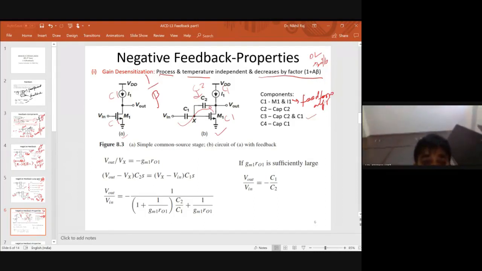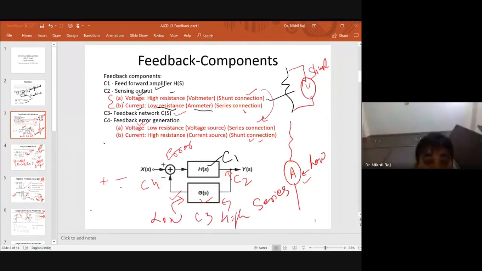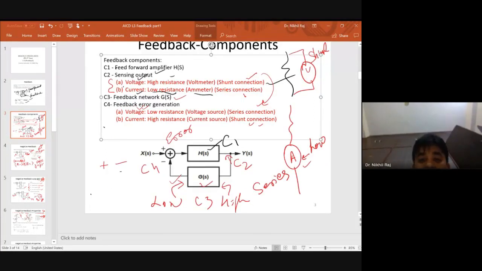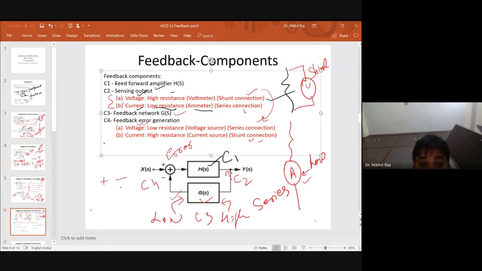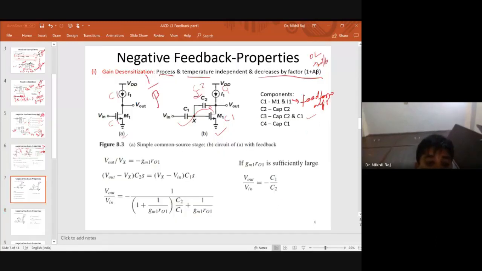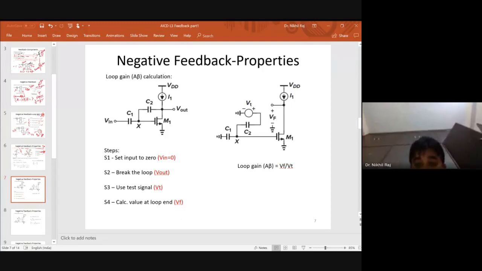Once again we'll see the names of the 4 components: number 1 was your amplifier, then sense output, then feedback network, and then feedback error generation.